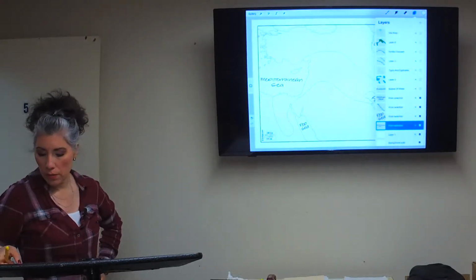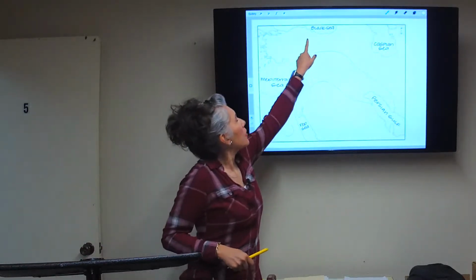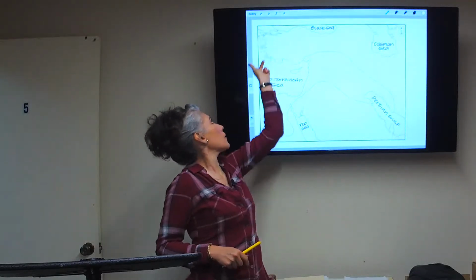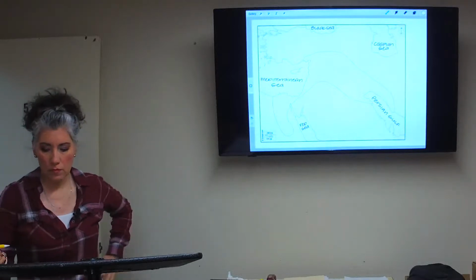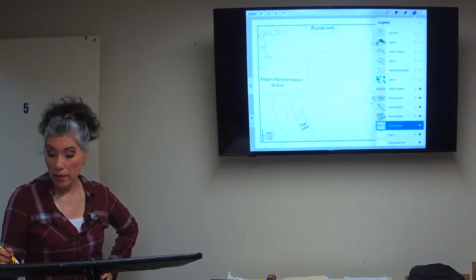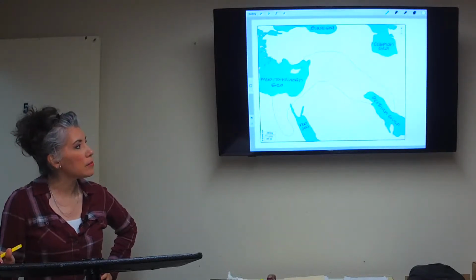And one more, the Black Sea up here. It actually extends over here and kind of connects a little bit to the Mediterranean. All right, so if you've got all those written in, we can now color them in. I did that here. It helps to see them a little better.